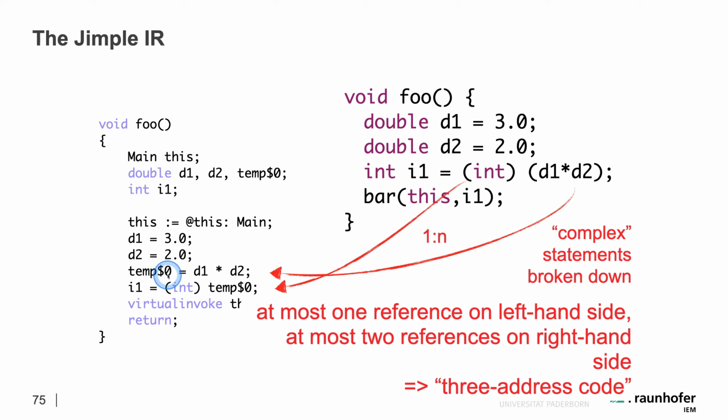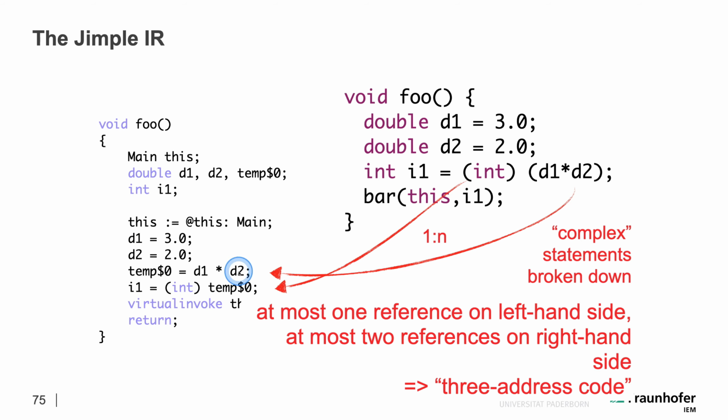One important point I still want to make is that in Jimple, and also all other similar intermediate representations, operations typically look like this. So you have two operands on the right-hand side and one operand on the left-hand side. Therefore, this kind of intermediate representation is also called a 3-address code.